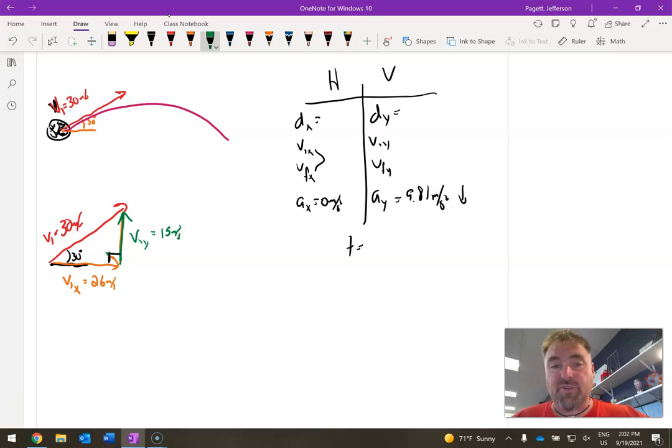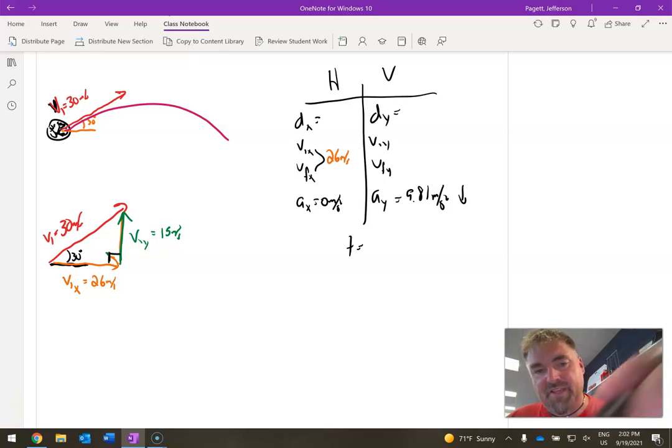So now I can start filling in my stuff. My VIX, my initial velocity horizontally, that's the 26. And my VIY, my initial vertical velocity, is 15 meters per second up. As soon as I write that up, I go, uh-oh. My vertical velocity is up.